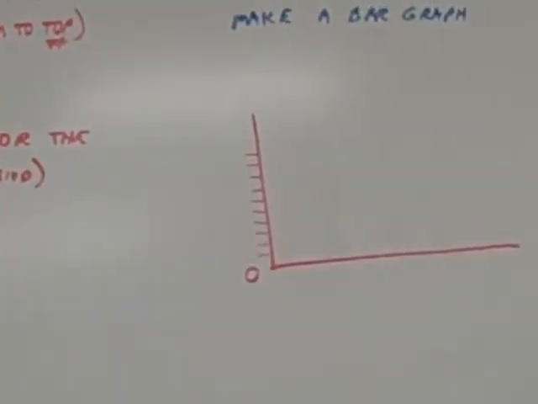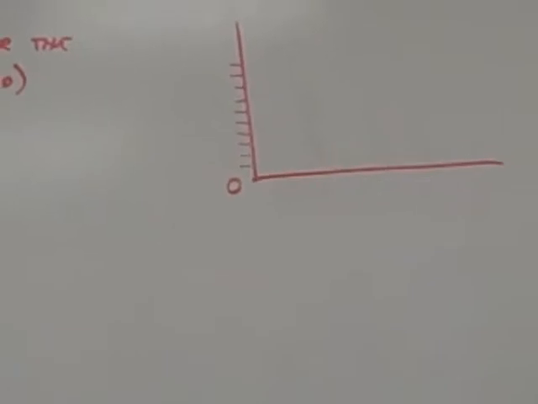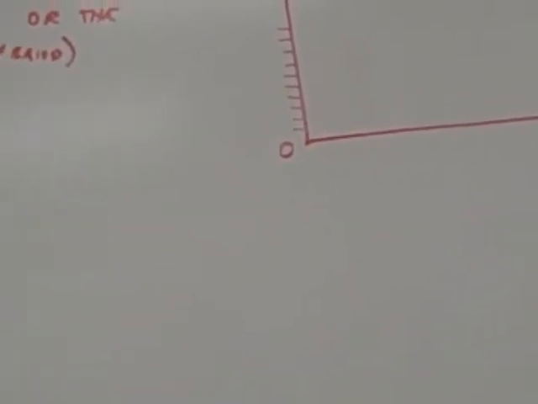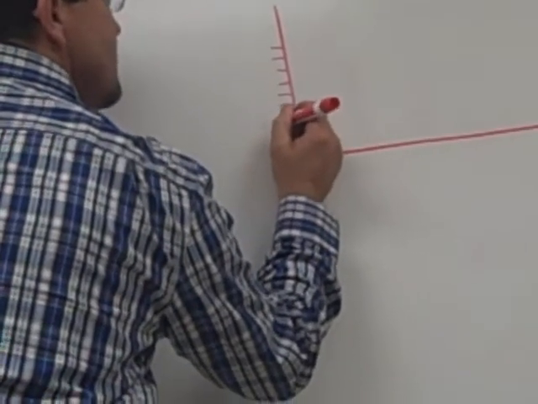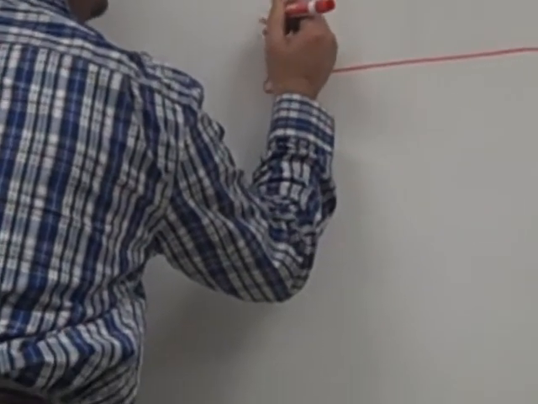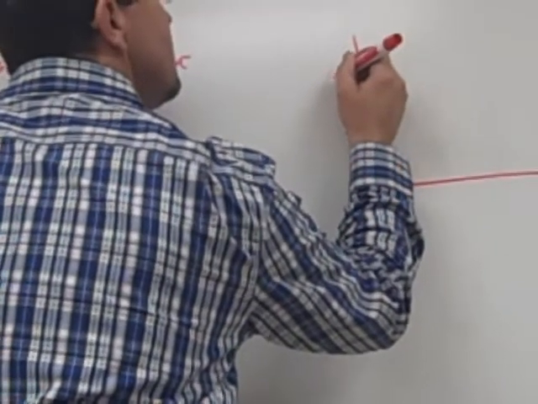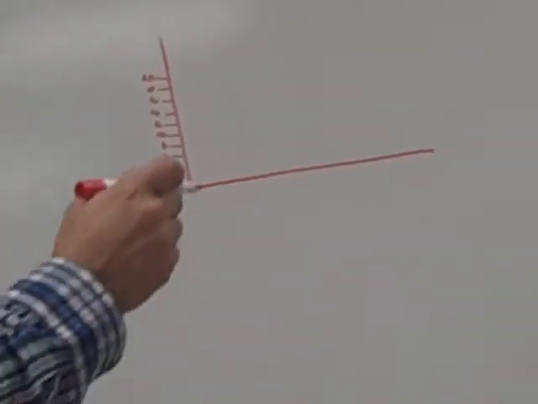Do I need to go any further? No, because my biggest piece of information is 17. All right, so there's my scale.